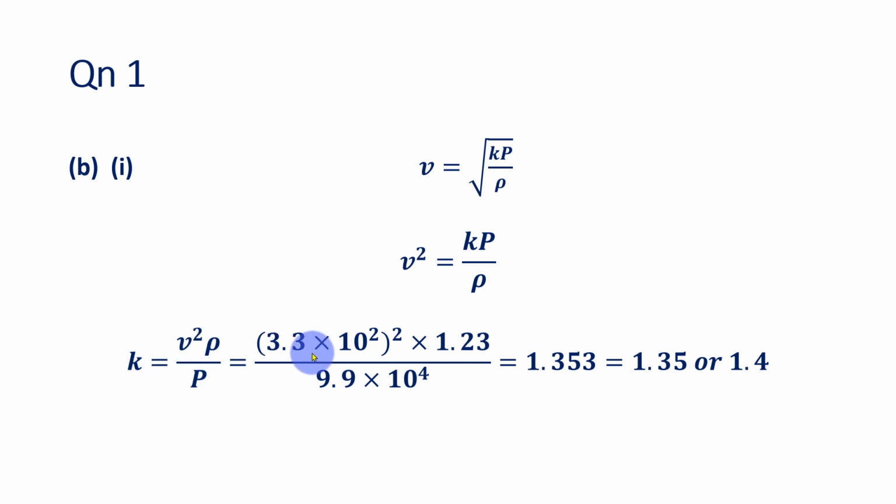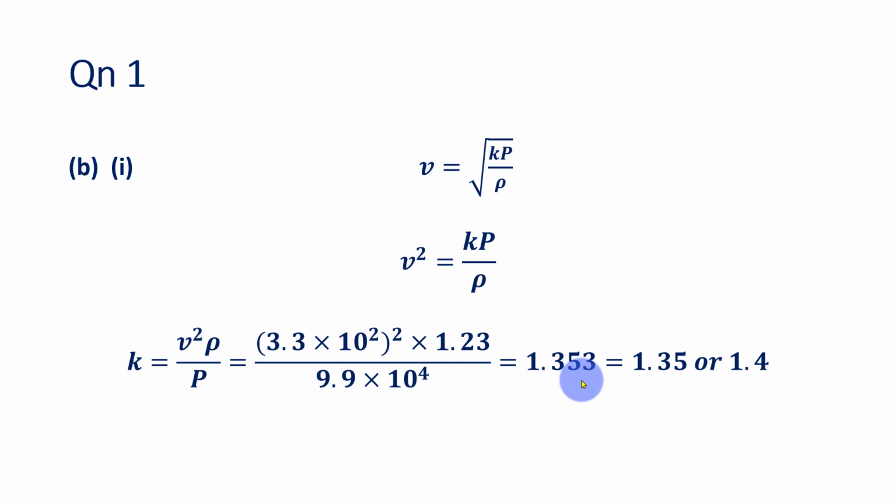And then you substitute in the values of V, of course remember to square it, the value of ρ and the value of the pressure, and you're going to get 1.353 as the exact calculation of this expression.